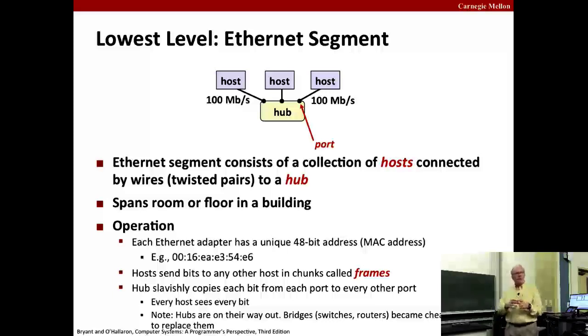Historically, those were called hubs. And the idea of a hub was it was just a repeater: whatever came into it from one computer, it would broadcast to all the connected machines. And so you only want to do this for maybe a dozen or so machines. It's like a party line. They're all hearing what everybody else is saying.